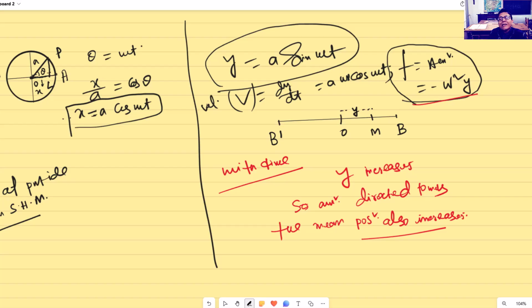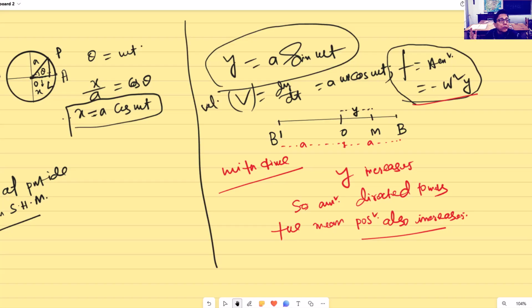Now, in the circle of reference, the radius of the circle we have taken is A. This B was one extremity.